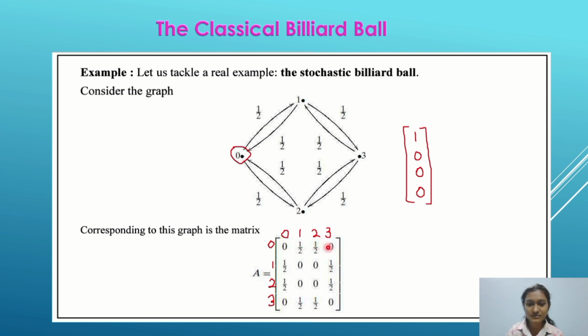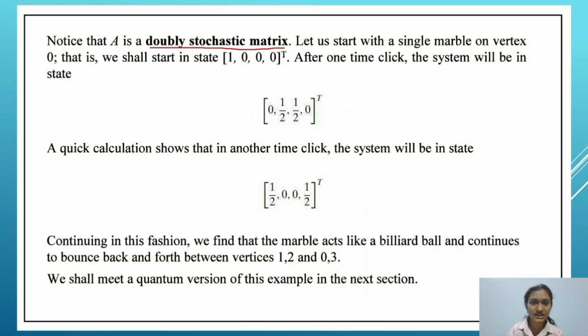Here half plus half gives 1, same here we get 1, and here also 1 by 2 plus 1 by 2 is 1. We also get this column-wise: the sum of the columns is 1 and the sum of the rows is also 1. This is called a doubly stochastic matrix.